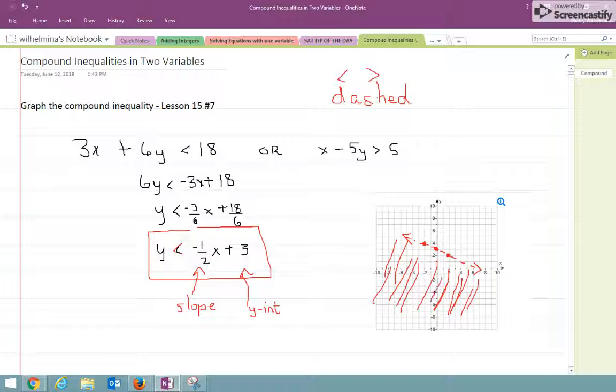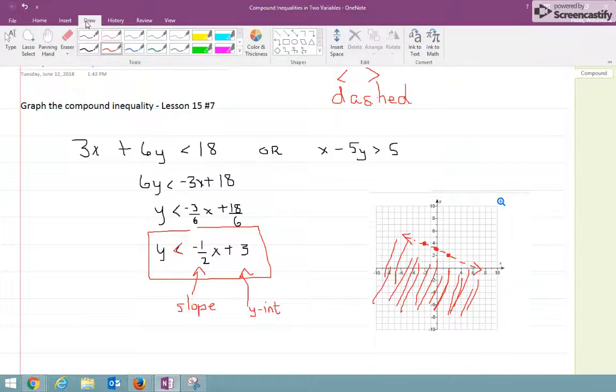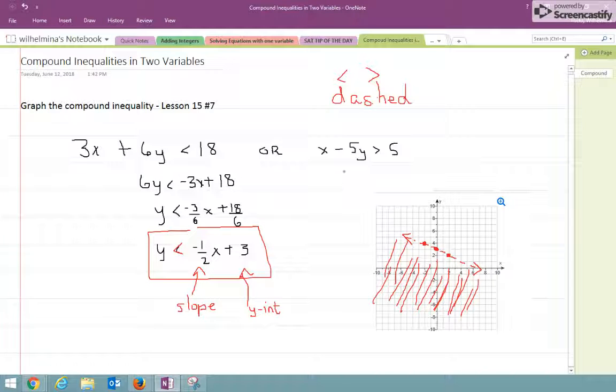All right, now we're going to do the second inequality. I'm going to solve it for y again, getting it into slope-intercept form. We know it's not really slope-intercept form because it's not an equal sign, but isolating y. All right, and I'm dividing by -5.